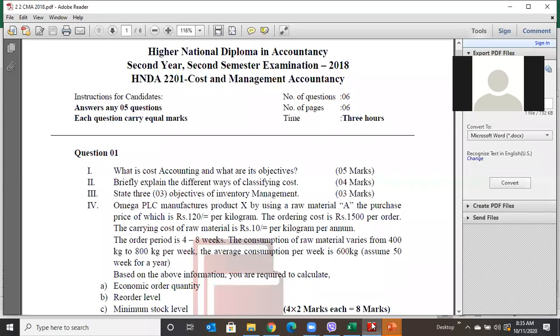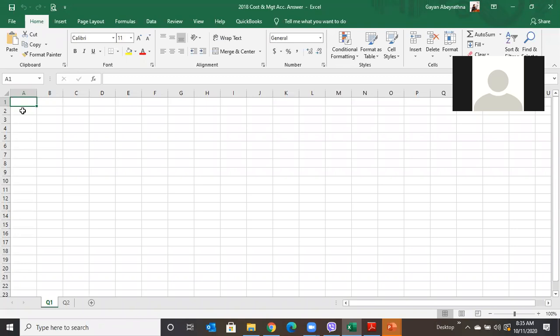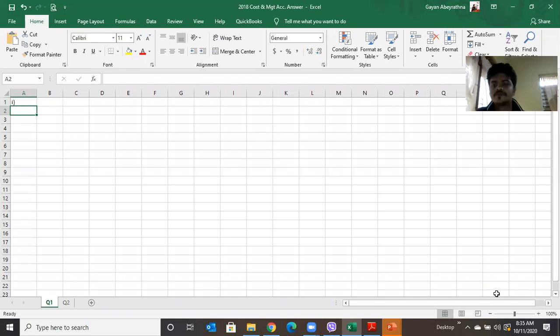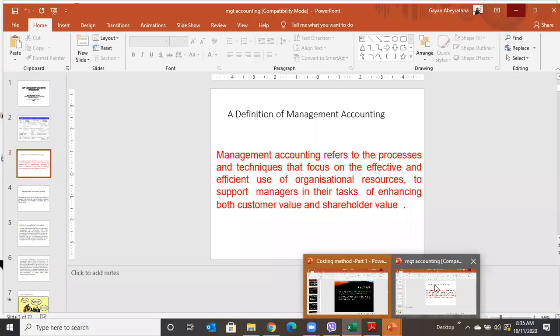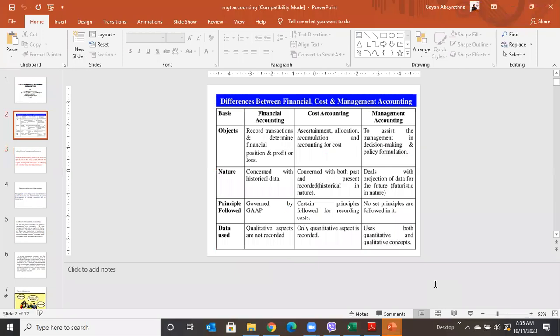Anyone? We discussed here. You may remember this table. Under that, we discussed what are the differences between financial accounting, cost accounting, and management accounting.